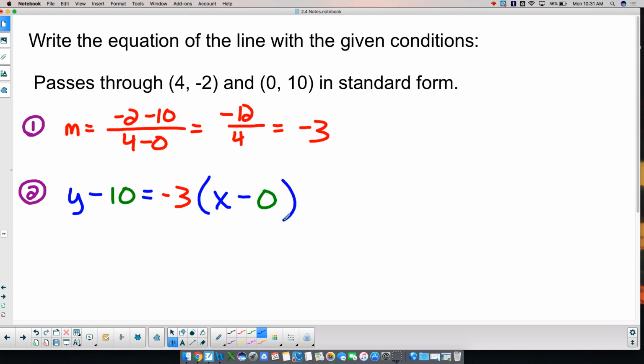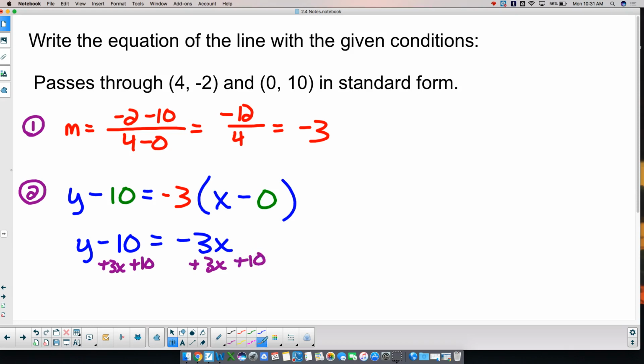We want this one in standard form too, so that's going to be y minus 10 equals negative 3x plus 0, so I'm just going to write it as negative 3x. Because I need it in standard form, I'm going to add 3x, while at the same time I'm going to add 10 to both sides.